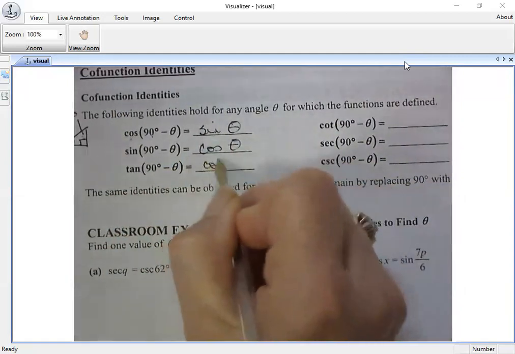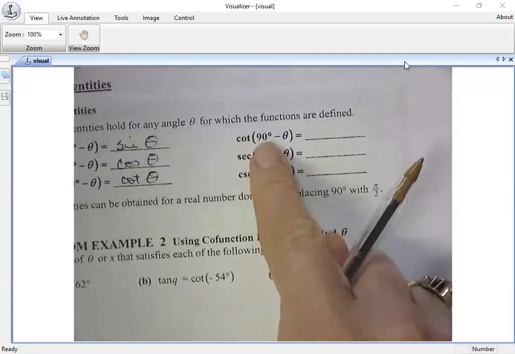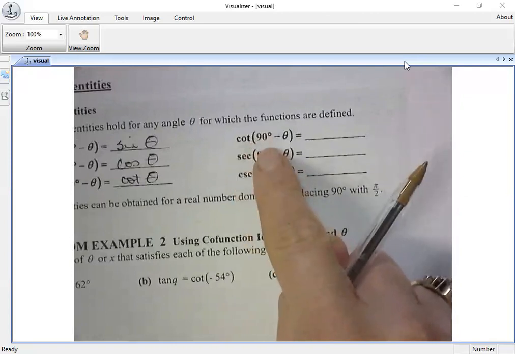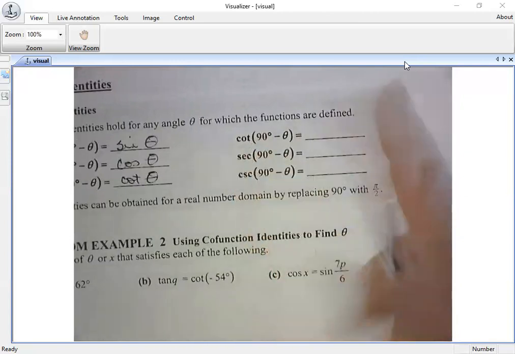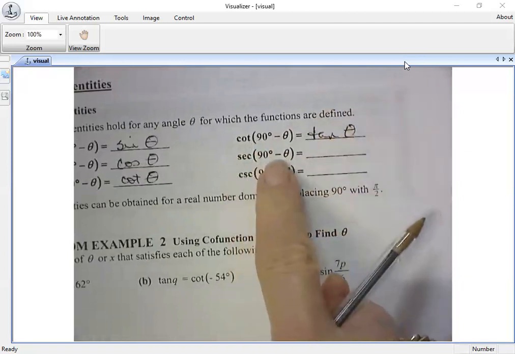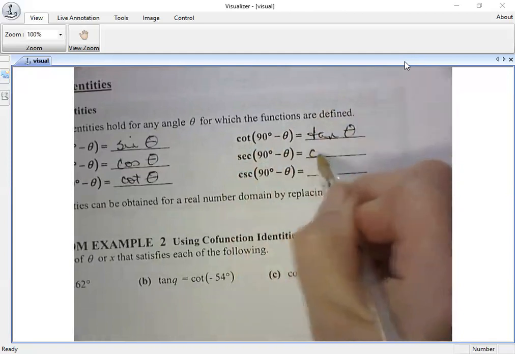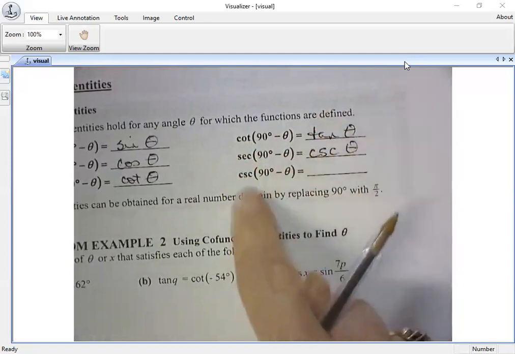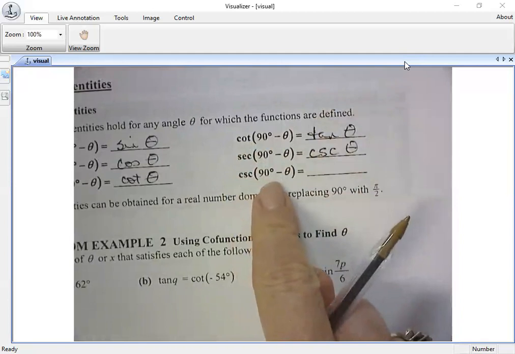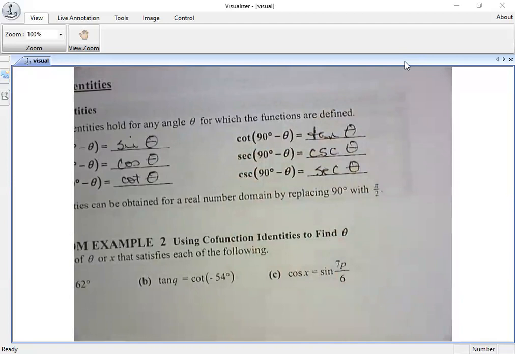So that's going to be the same as the cotangent of angle theta. And we can go the other way too. The cotangent of 90 minus theta would have to be equal to tangent of theta. Secant of 90 minus theta would be equal to cosecant of theta. And the cosecant of 90 minus theta would be equal to the secant of theta. These are your cofunction identities.